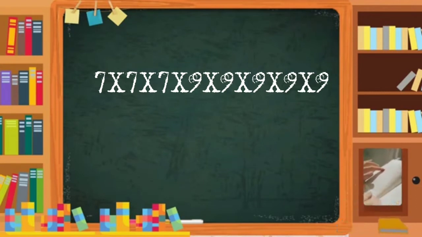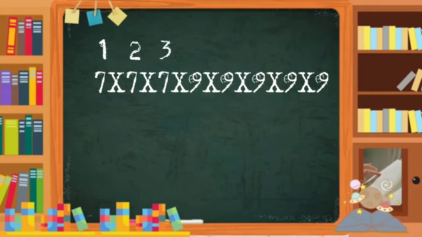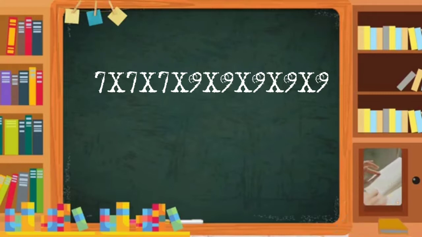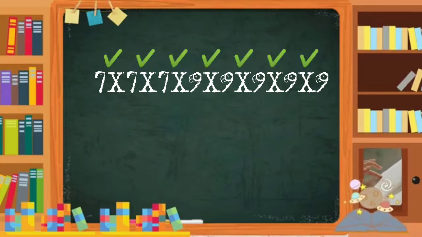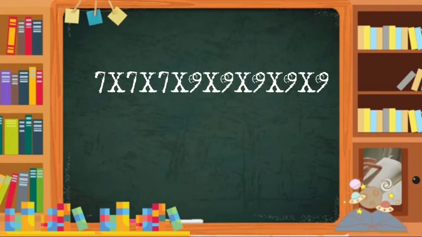In here, count the numbers of 7s. Alright? Copy the operation used, which is the multiplication or times, and count the numbers of 9s there.